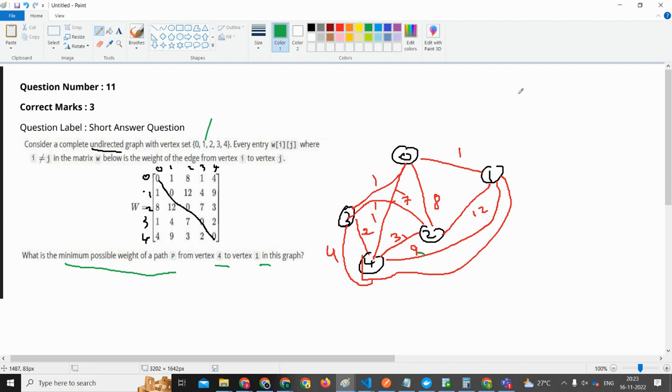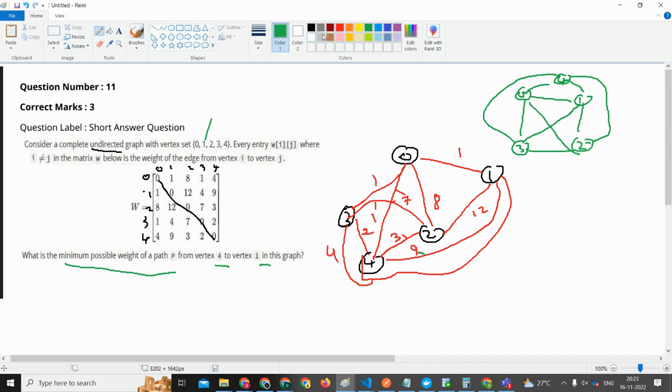So for a clique, if you want to draw a clique of 5 vertices, you can draw it perfectly if you know the structure. If you remember, we have studied this. This is how it should look like. Clique of 5.